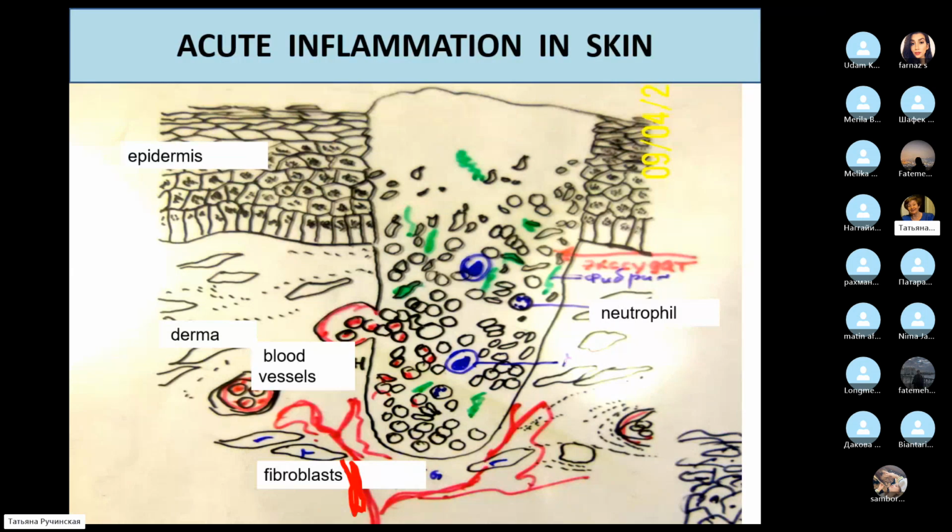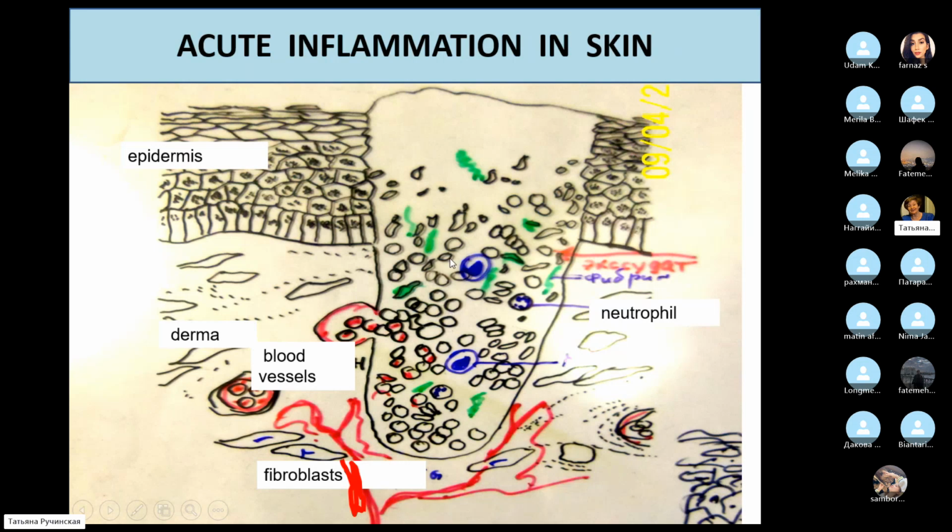This is an example, the picture which shows you which cells take part in acute inflammation in the skin. You see, at first there is epidermis and then derma. And the injury damages the skin.